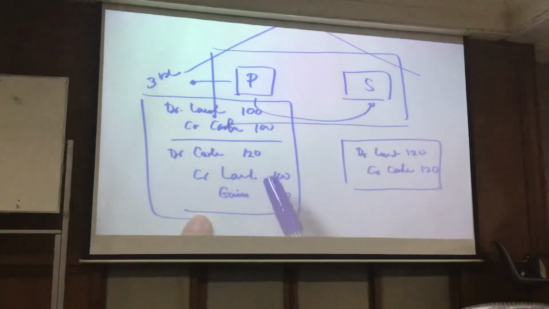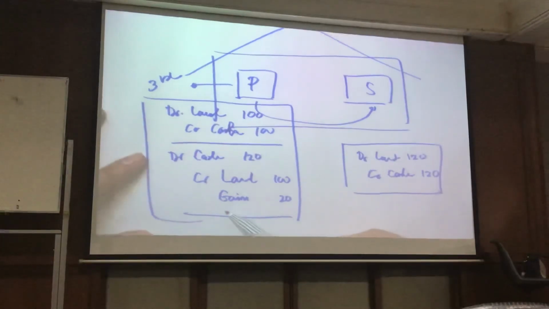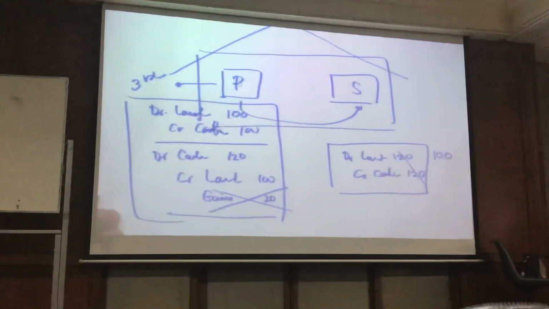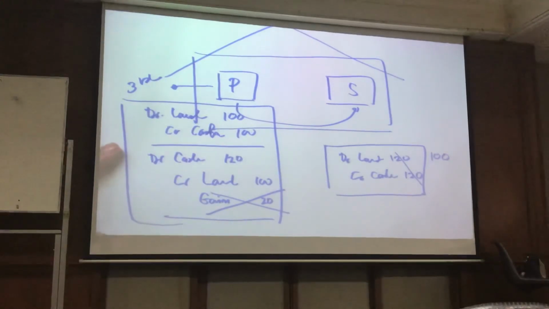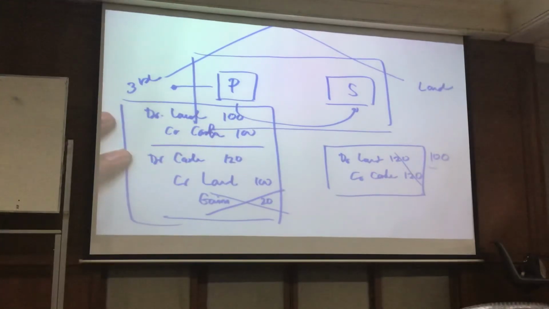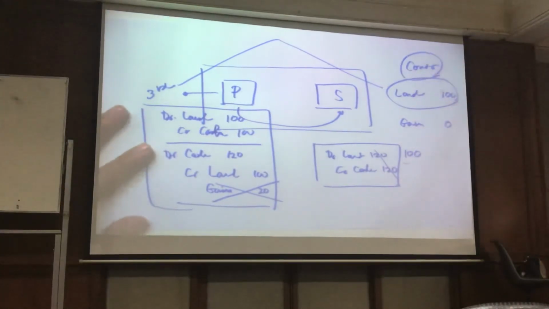It's not a gain from the group and the outside. So my job is to keep this out and knock this down to 100. That's it. So in the consolidated financial statement, what you're going to see is the land at 100 and the gain to be 0. No gain in consolidation. My job is to eliminate them.